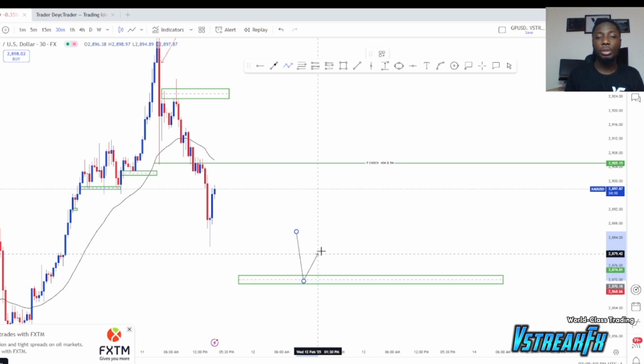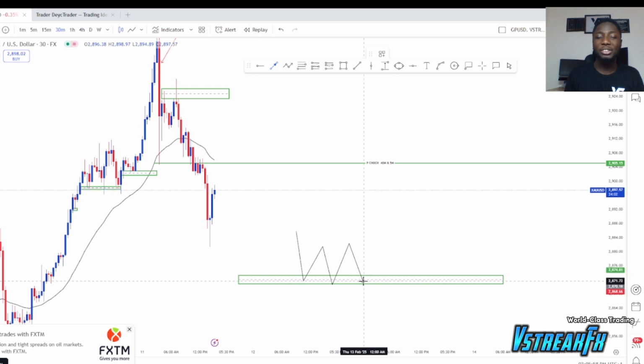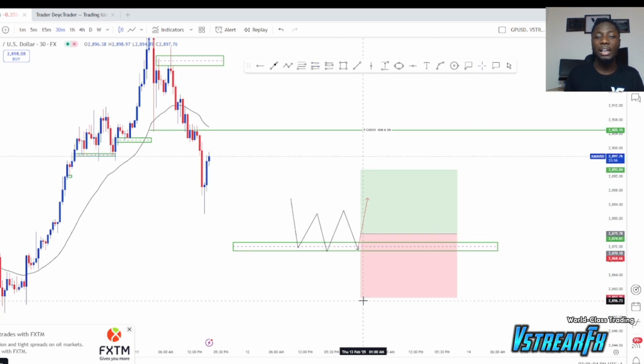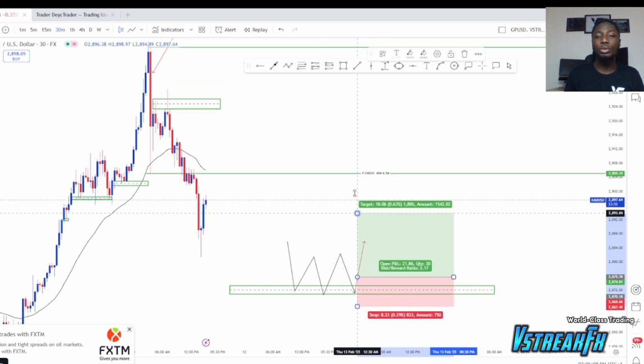After I have the first touch here, second touch here, and the third time I have that touch, I don't joke with it. I'm taking that trade. On the third time, I place my trade after seeing my entry candlestick signal. You can see where my entry candlestick signal comes into play.